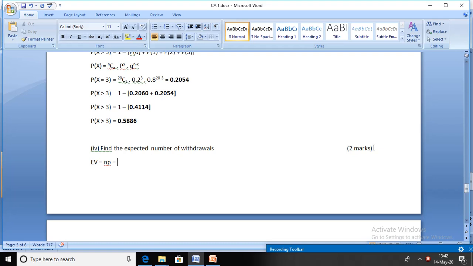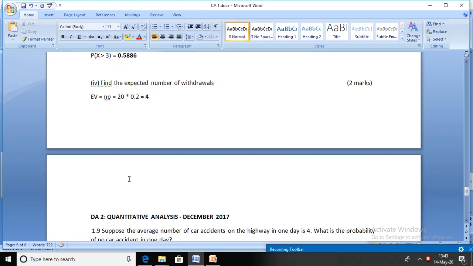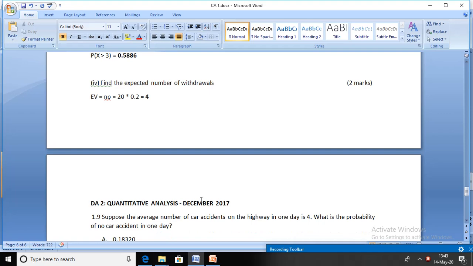It's N multiplied by P. The sample size is 20, and the probability is 0.2. So 20 multiplied by 0.2, you should get 4. So the expected number of withdrawals is going to be 4 in that particular season. That's how you're supposed to tackle that question.